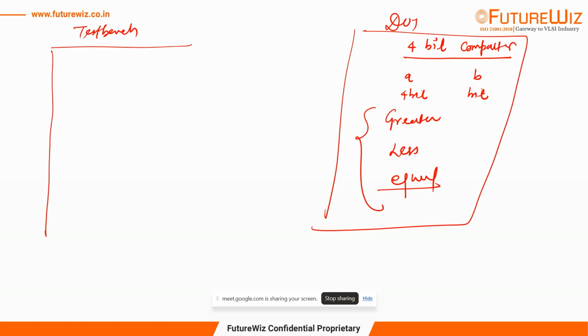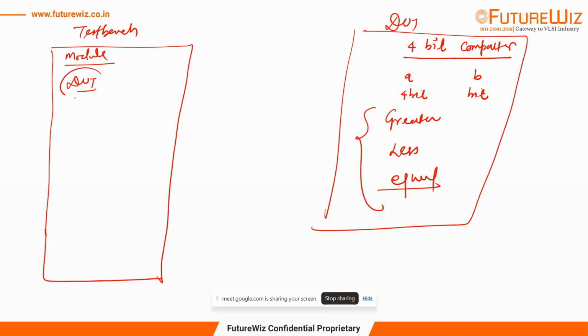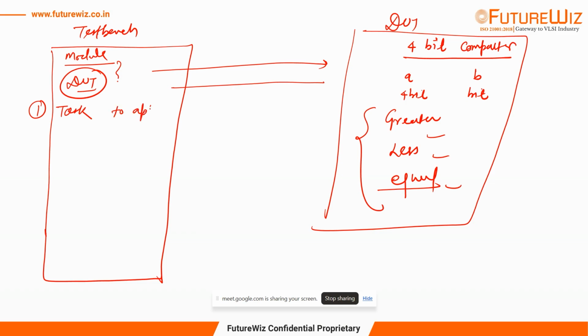So to make it automated, what components will we require? First, everyone knows you have to start your code with the module. Then you instantiate the DUT, meaning the variables are connected to A and B, greater than, less than, or equal. Then to create the automatic test bench, first we write a task to apply the input. Second, the important one, a task to display the test, what values are going to be printed.